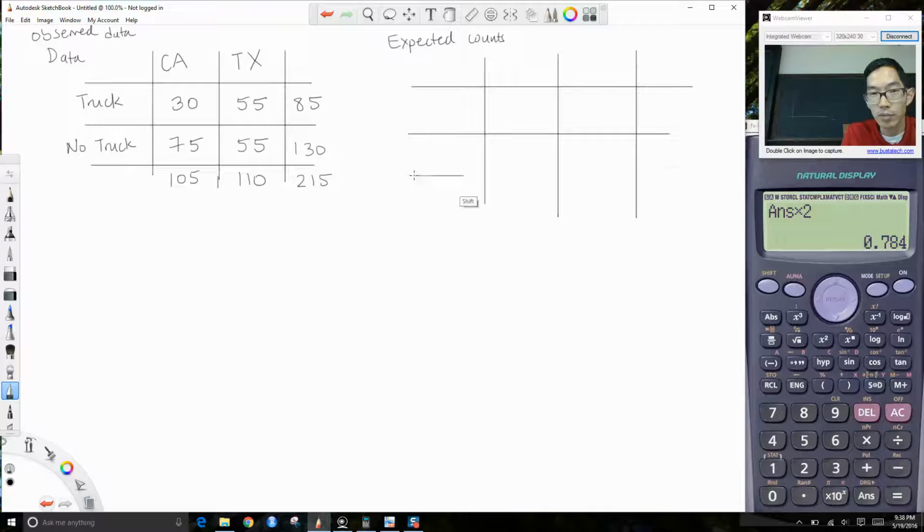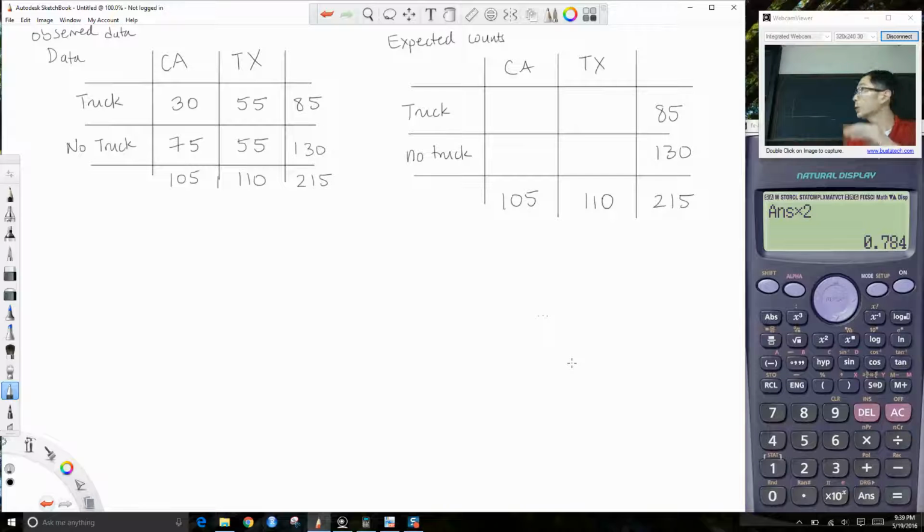So I'm going to write the same values here: 85, 130, 215, 110, 105, and this will be California, Texas, truck, and no truck.